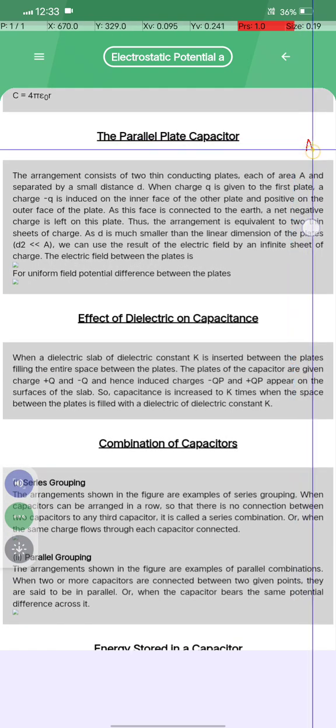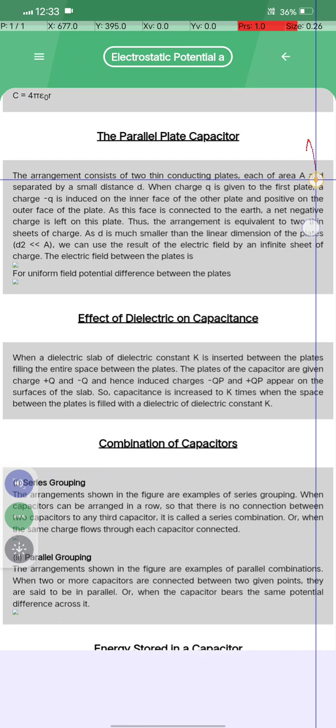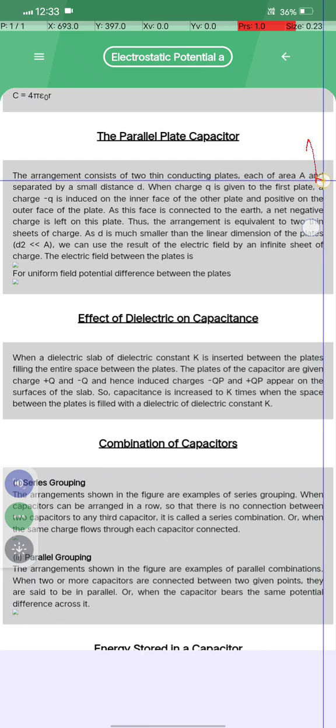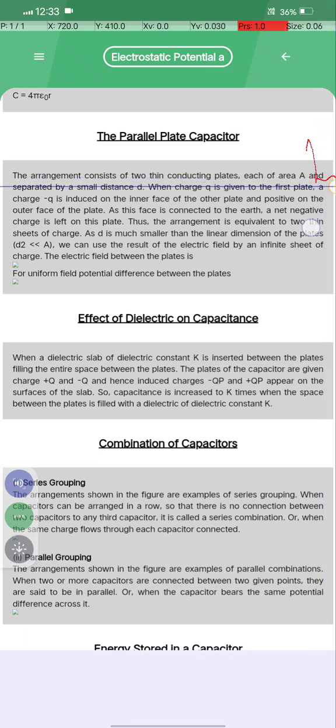After that, the parallel plate capacitor. The arrangement consists of two thin conducting plates, each of area A and separated by a small distance d. When a charge q is given to the first plate, a charge -q is induced on the inner surface of the other plate and a positive charge on the outer face of the plate. As this face is connected to the earth, a net negative charge is left on this plate.